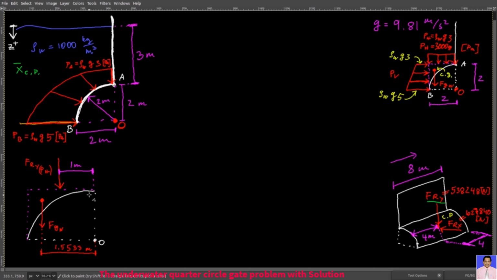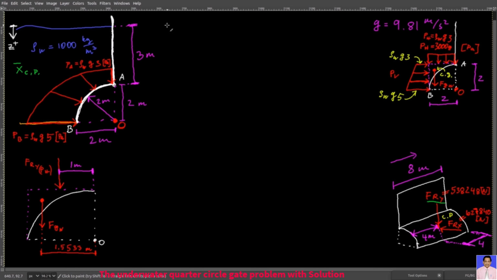But of course, we want to have one combined vertical force and its combined center of pressure measured horizontally from point O. In other words, we want to get the center of pressure through which this FRY goes. To find that point, you follow a similar procedure, but instead of multiplying areas with distances, you multiply forces with distances.